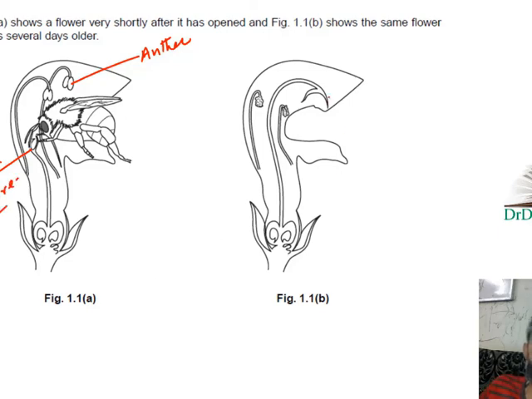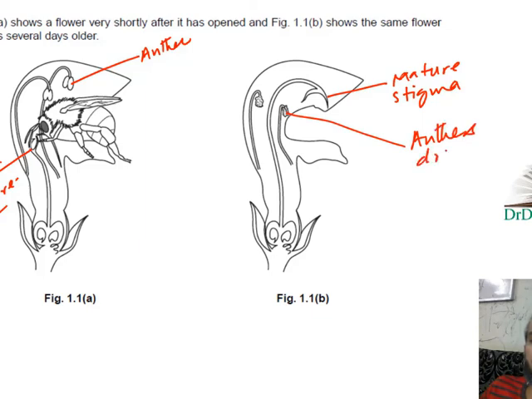Here in this case, the stigma is mature, but at this time when the stigma is mature and likely to receive the pollen grains, these anthers are dried. So the most likely feature is that male gametes mature earlier than the female gametes.